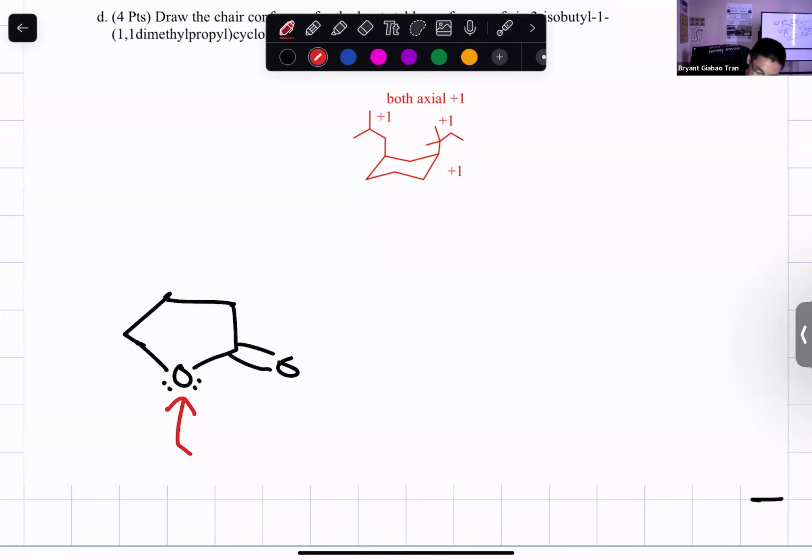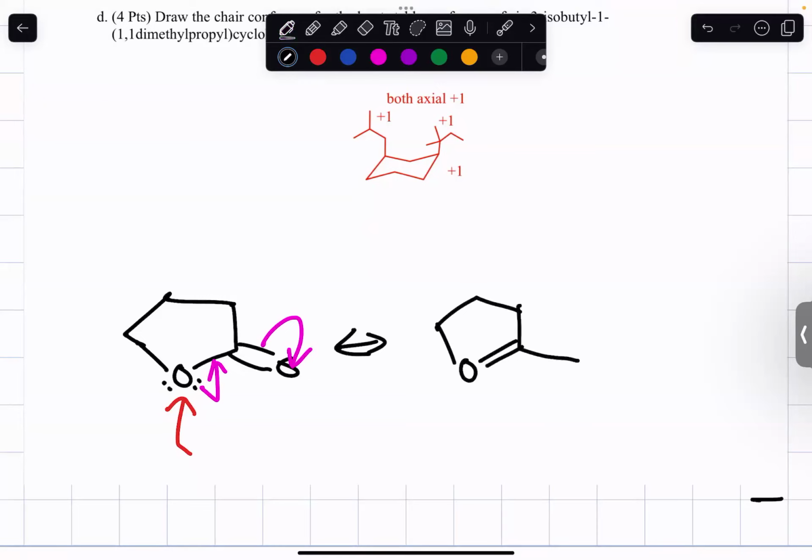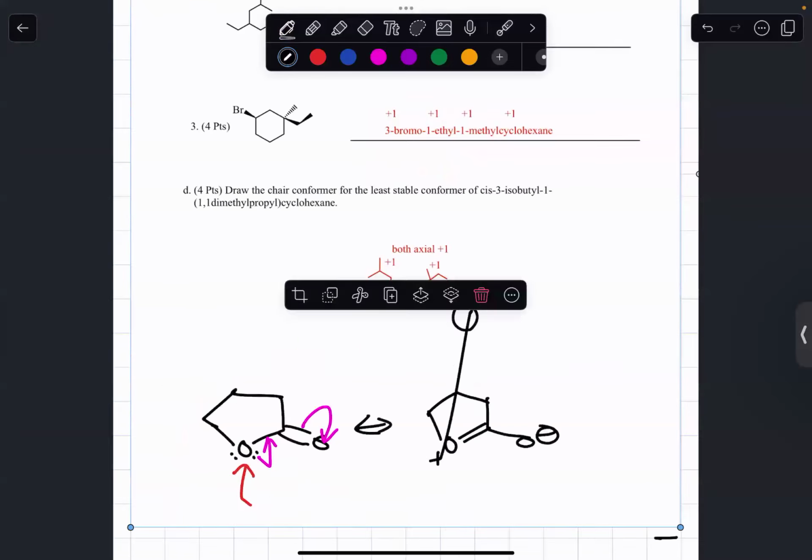Okay, so if it has two sets of lone pairs, I would think that I can move its electrons to the bond on the right, where it's connected to a carbonyl, and then that double bond would want to go to the oxygen, giving it more lone pairs.